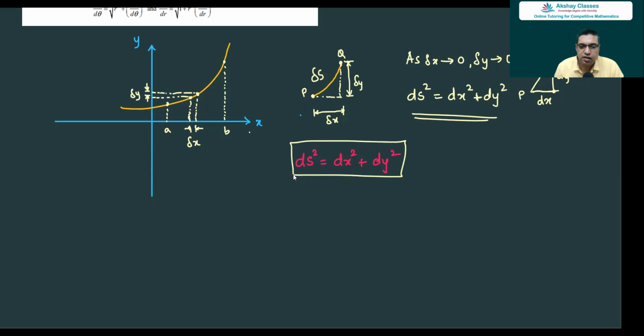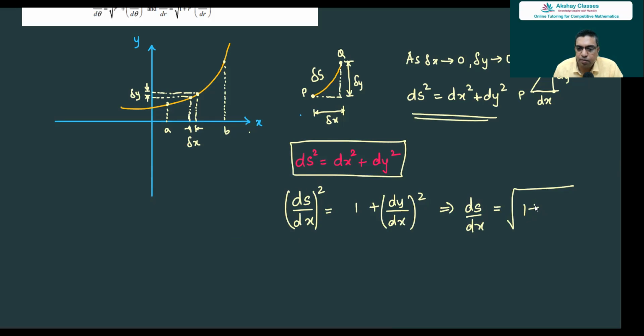This is what we find. So from here, you divide by dx square. You'll get ds by dx whole square is 1 plus dy by dx the whole square. So we get ds by dx is under root of 1 plus dy by dx the whole square.